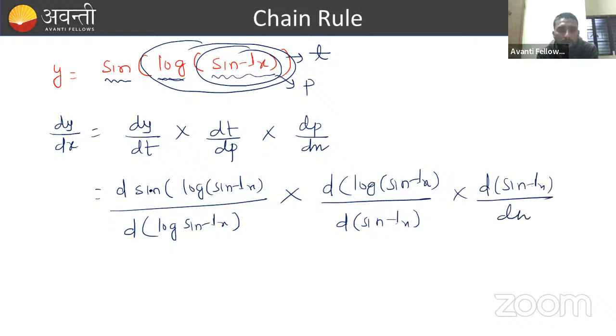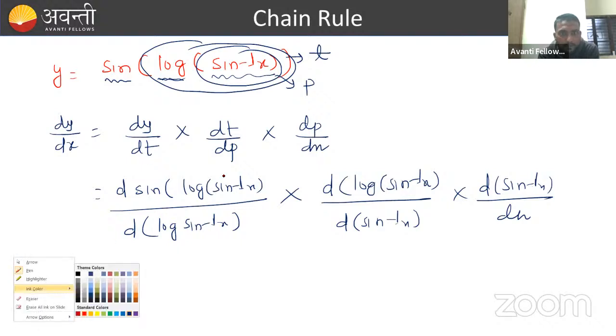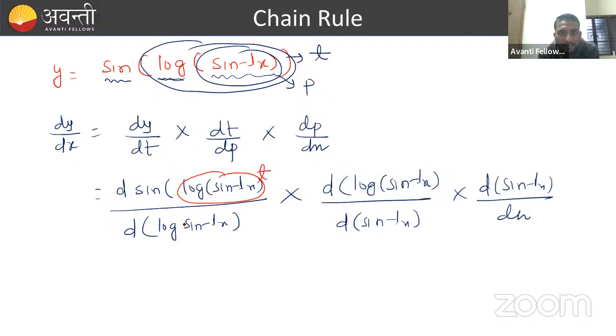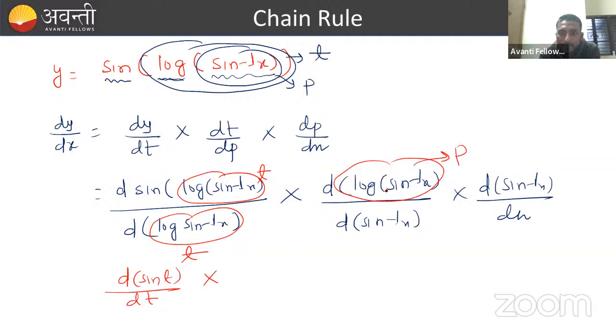Now this is t, and this is also t, so I can write d sine t divided by dt. And this is p, so I can write d of log p divided by dp. And this is simply p only, so this is no matter.